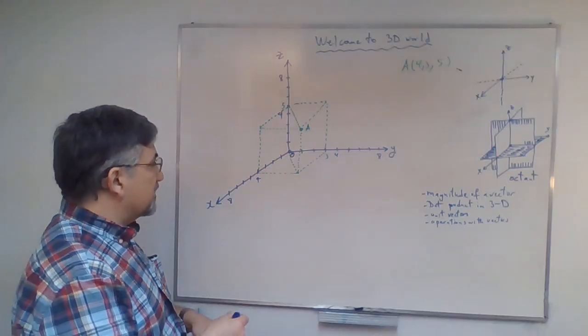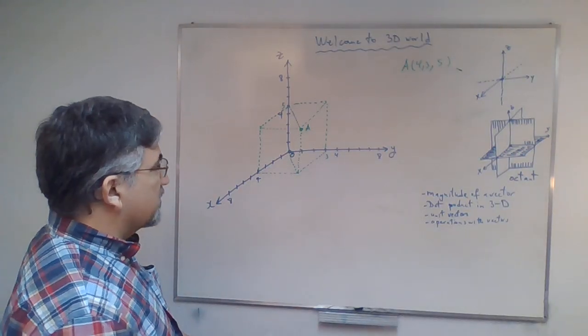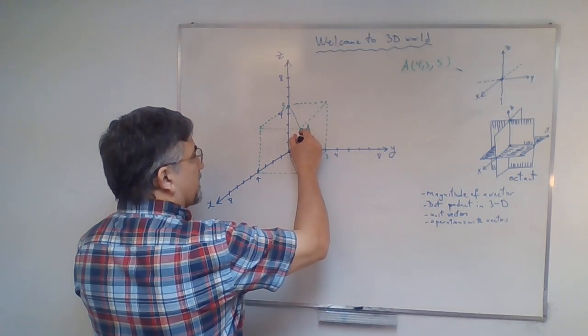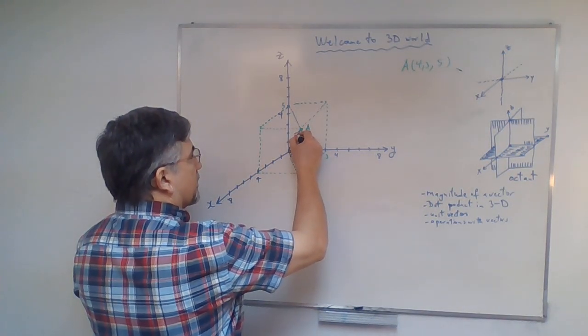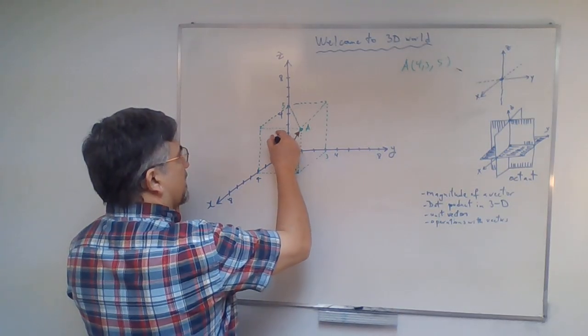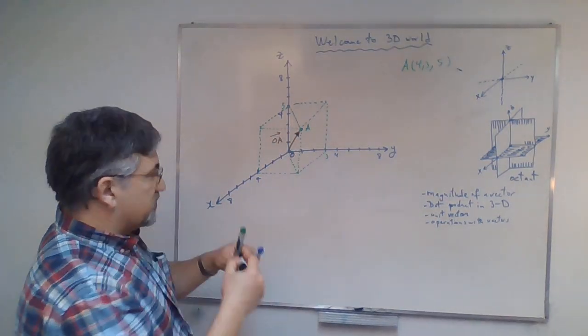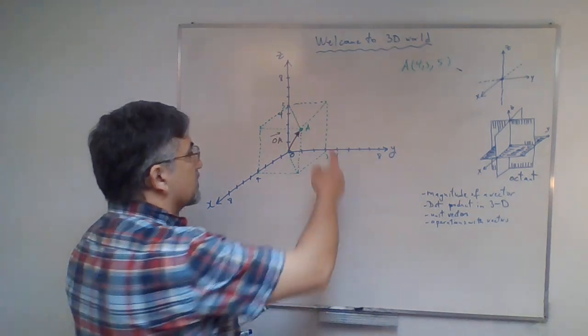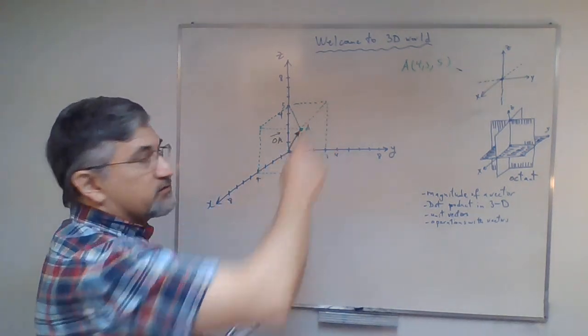If you join the origin to this point A, you end up with a position vector. So this is vector OA, the position vector of point A in 3D. And the coordinates of point A are right there.